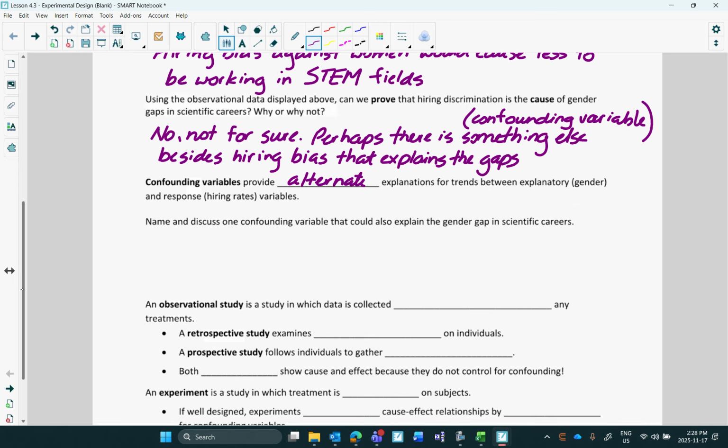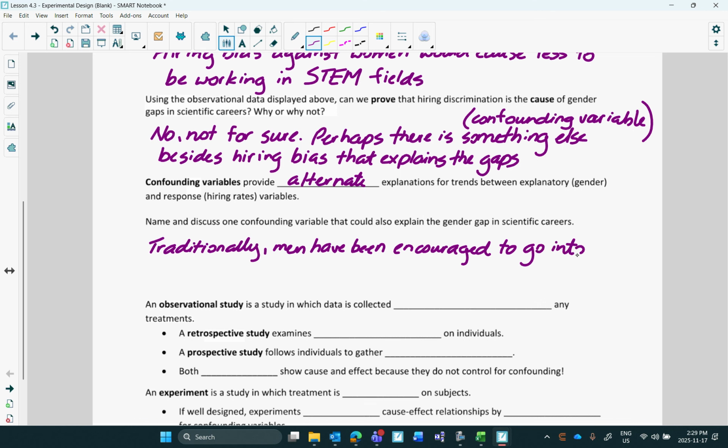So one confounding variable could be that traditionally men have been pushed, encouraged to go into STEM fields, where women have been discouraged.